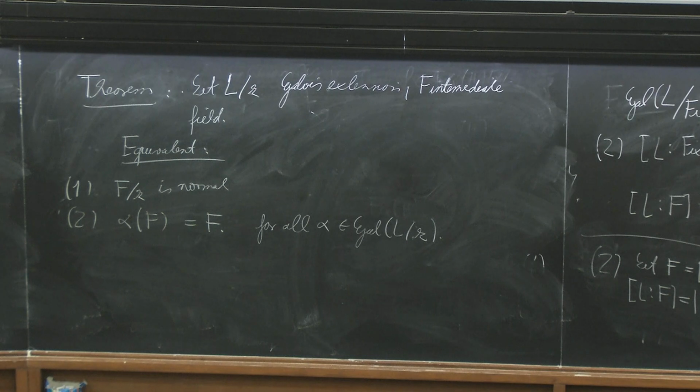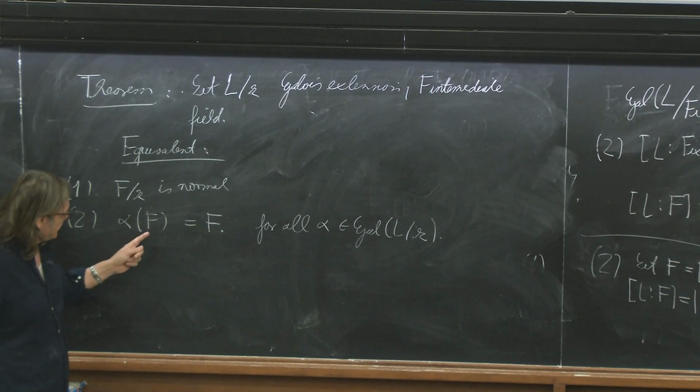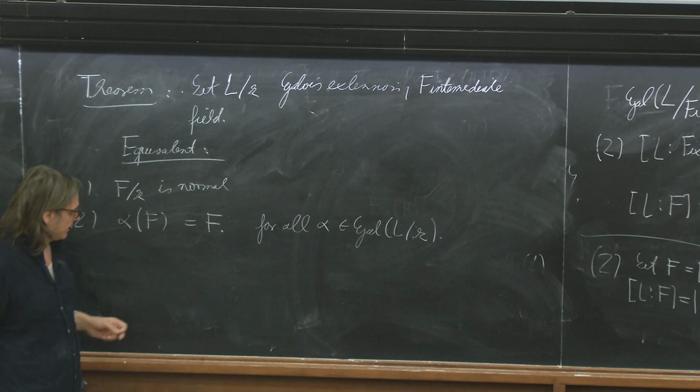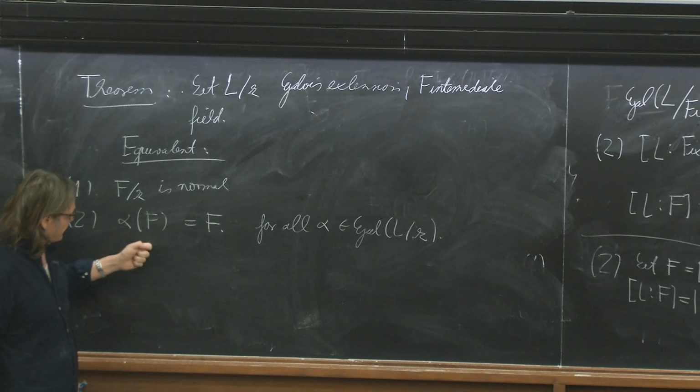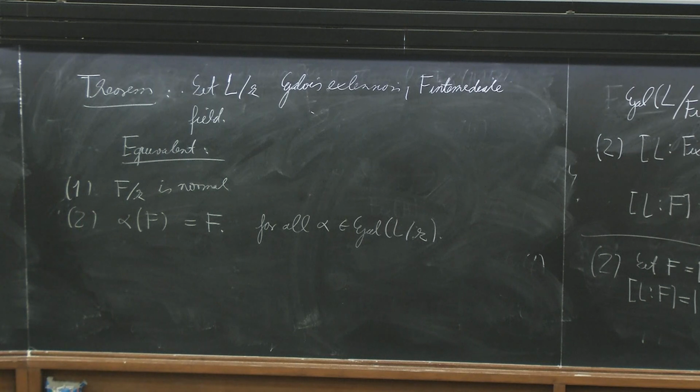No, so I'm not saying that every element of F is sent to itself. No, it's just that alpha is a bijection of F to itself. It doesn't map it to another field.